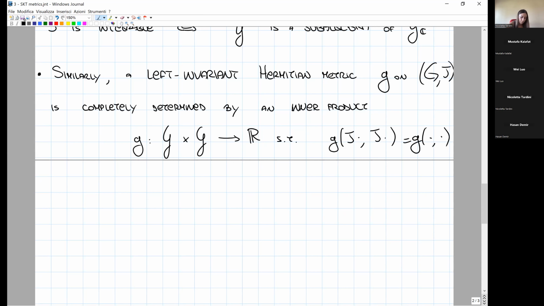So essentially, left invariant tensors of whatever type that you have on the Lie group are determined by objects just on the Lie algebra. So this is very nice because it means that we can leave the Lie group and work using just linear algebra tools, because we work at the level of the Lie algebra.